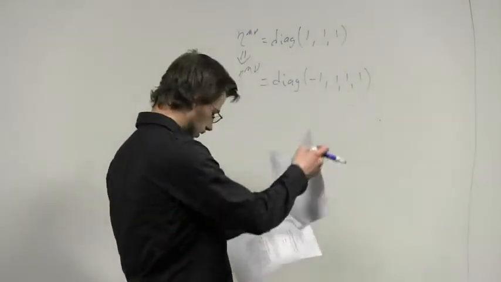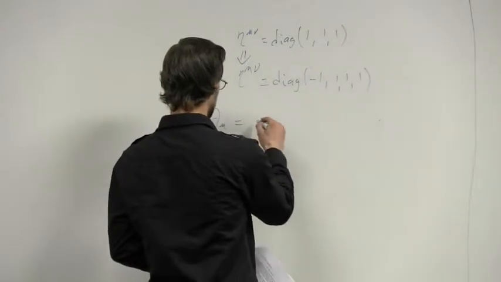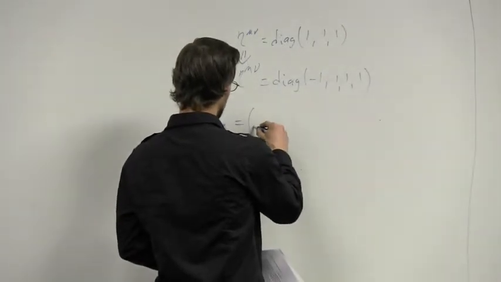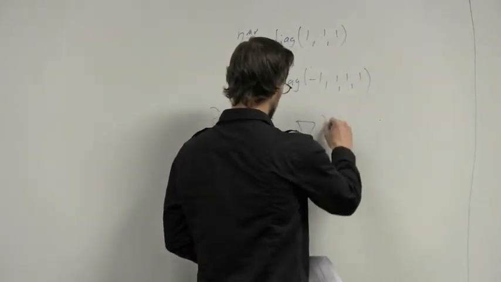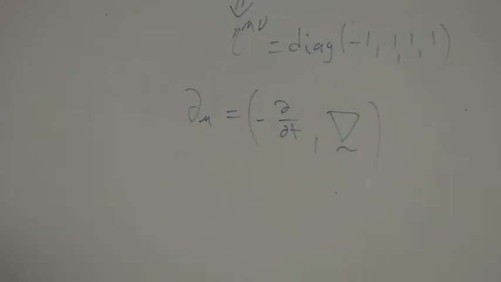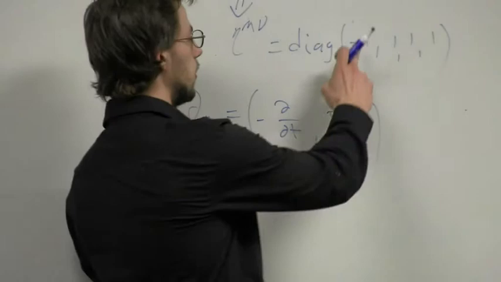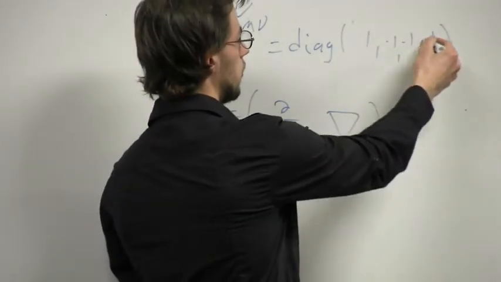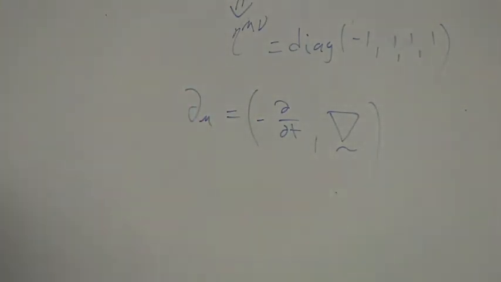But that's your metric, and then partial mu, which is what we've been focusing on, we'll define here as this. The main debate is whether you put the minus sign here or here, depending on if you want the minus sign in your metric or in the derivative. It's not a big deal.